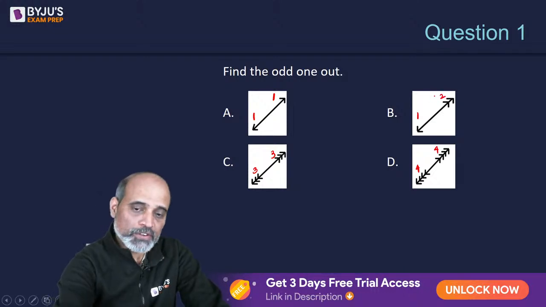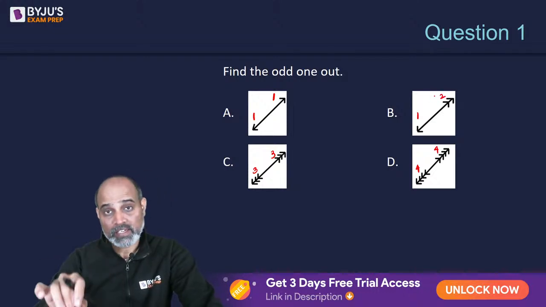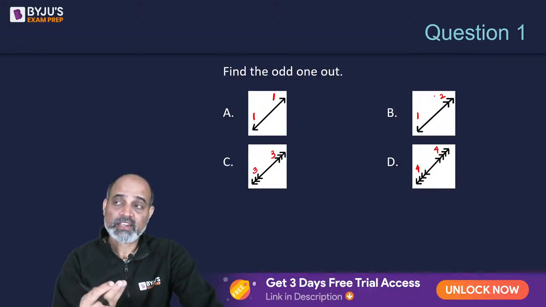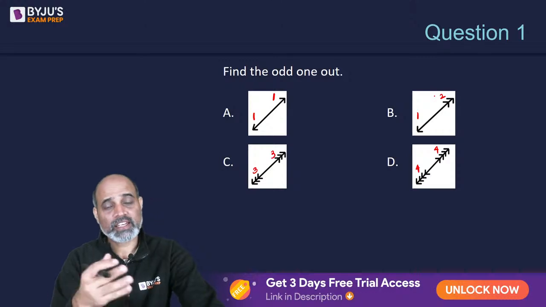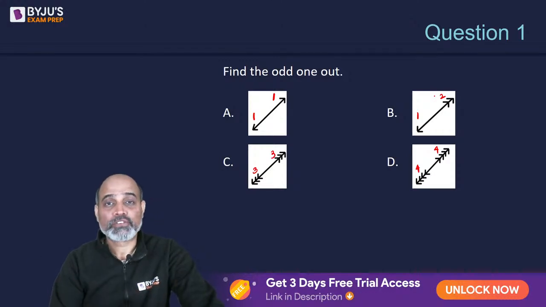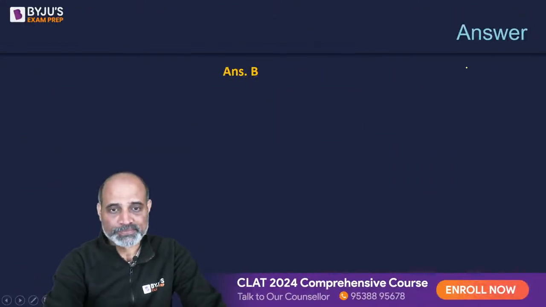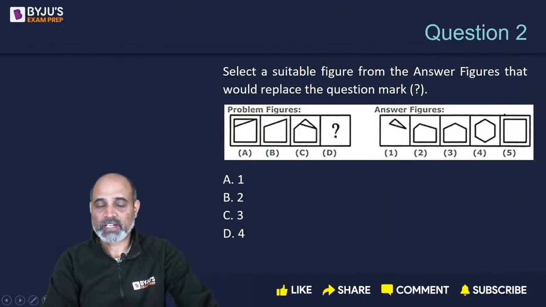So if I go by the logic of which one is different from the rest, it's not about the arrows, the inclination, it's about the number of arrowheads. Since B has a different number of arrowheads at either end, B becomes your answer. Pretty simple. Okay, let's look at the next one.